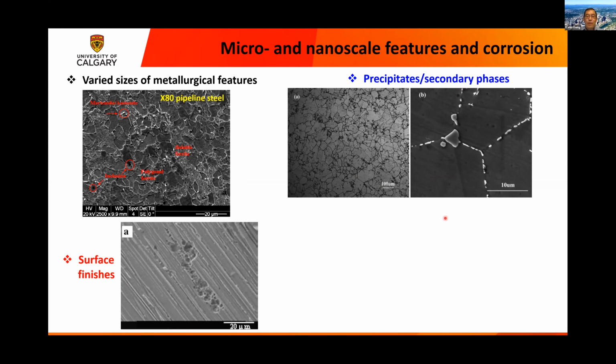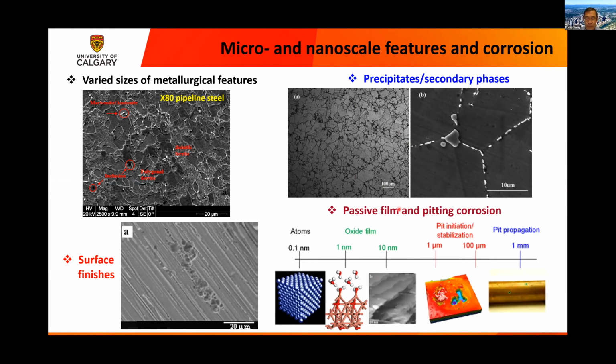Finally, when we perform surface engineering and produce some surface film, this film can range from micron to even nanoscale in terms of thickness. When this film is damaged for different reasons, we can have pitting corrosion, for example, and pitting corrosion usually starts from the micron scale.